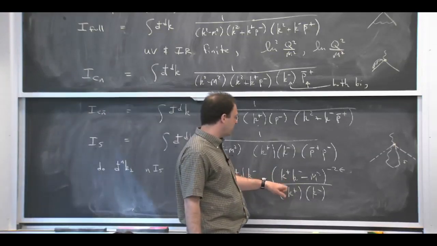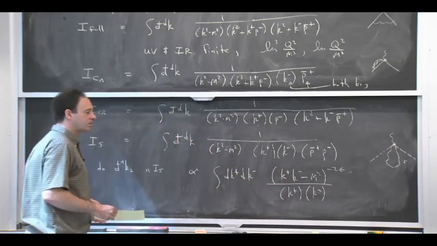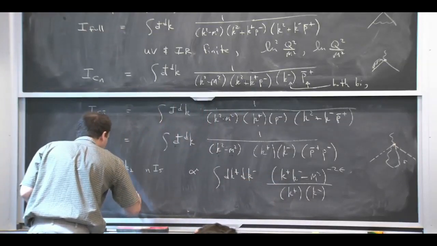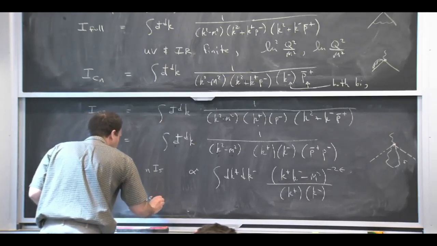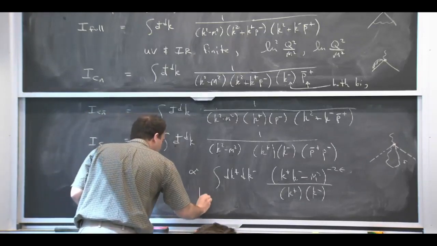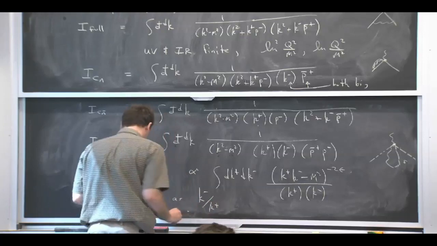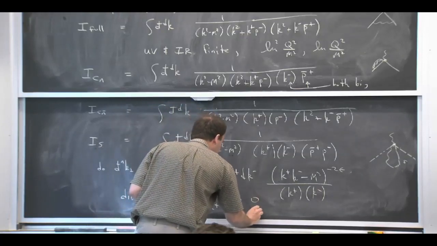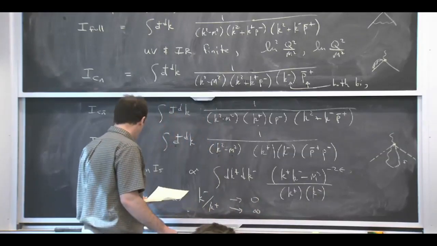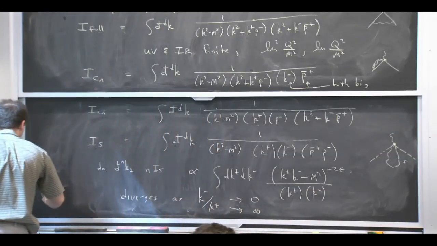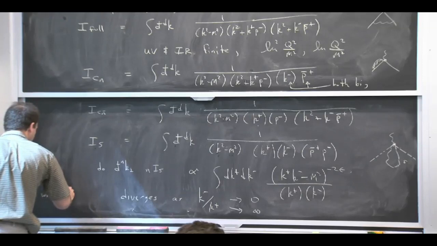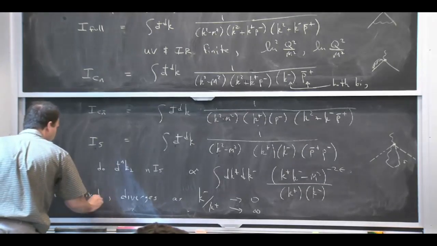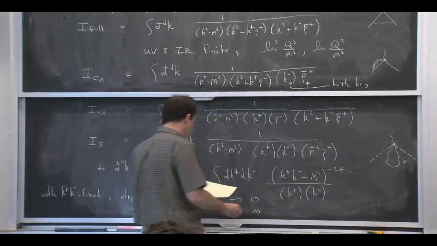If the invariant mass is fixed and k plus over k minus goes large or small. So let me write it as k minus over k plus going to 0 or going to infinity, with k plus times k minus fixed, and the integral diverges as these things happen.